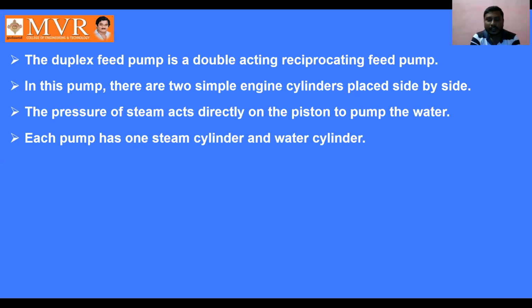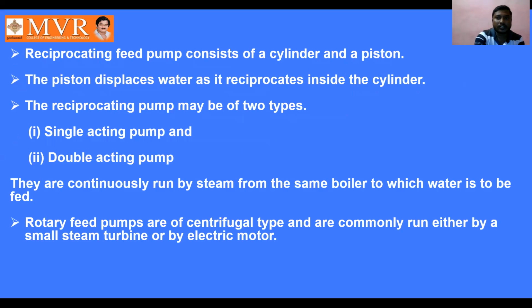Here, the steam which we are generating has some pressure, and this pressure acts directly upon the piston to pump the water. Each pump has one steam cylinder and one water cylinder, which applies to the reciprocating pumps, both single acting and double acting.